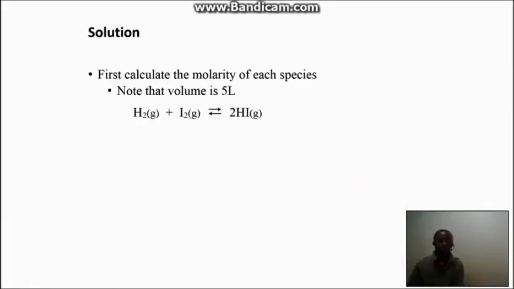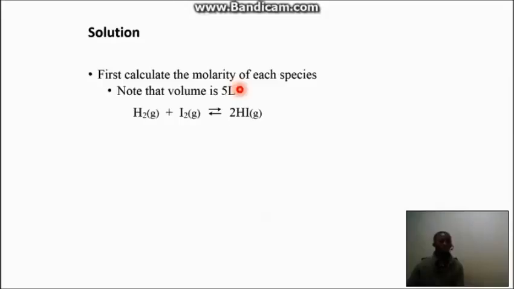Now, how do we solve this problem? As I said previously, you need to change the moles given to concentration, but we should take note that the volume that we are given is 5 liters.